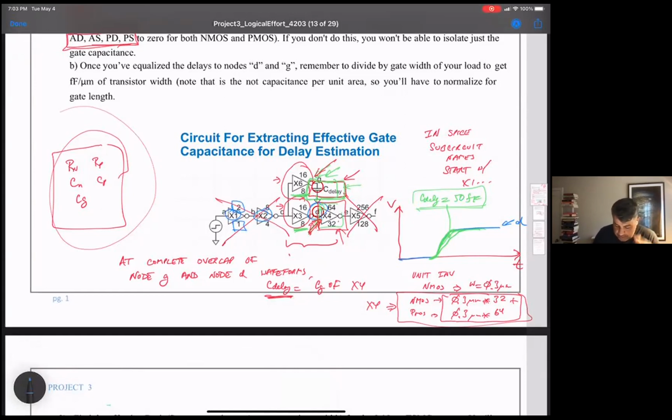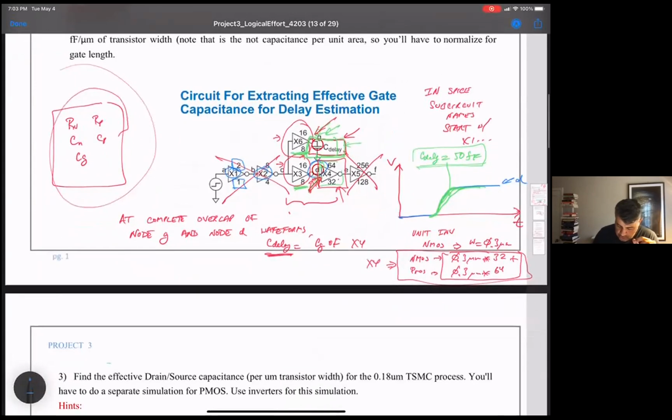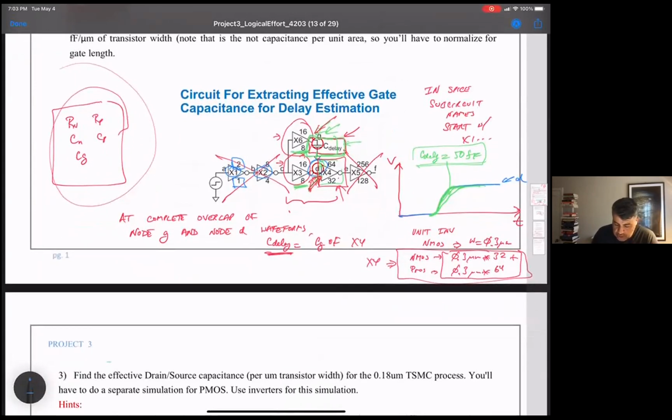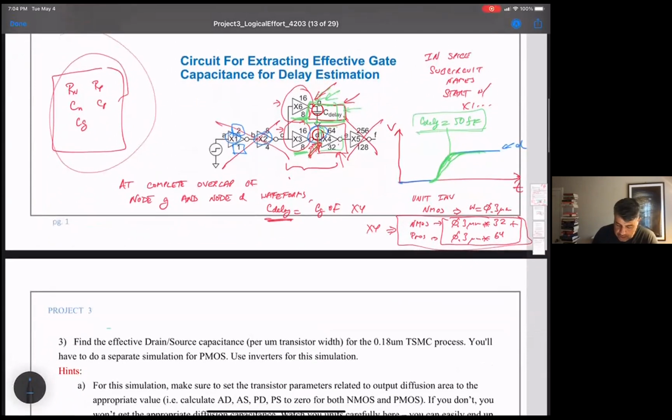So for the sake of discussion, let's say I wasn't sure what the answer is to Logan's question, and I didn't work it out, but let's try to work it out together. Let's say we call the unit size NMOS in this process a width of 300 nanometers and a length of 0.18 micron, or 180 nanometers.